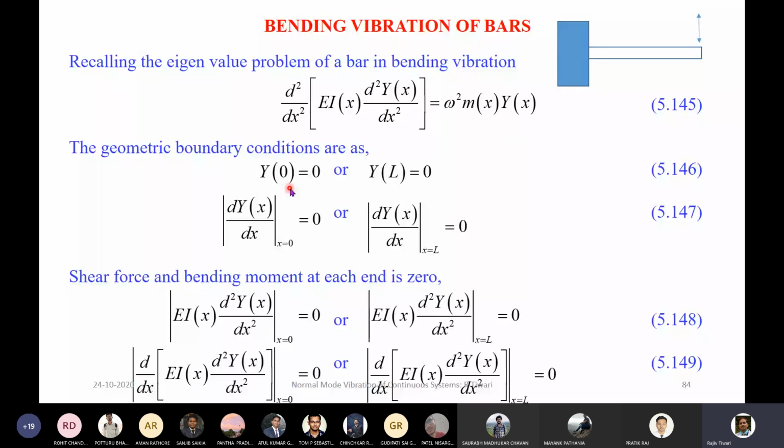For this case, we have displacement 0 at x is equal to 0. So here displacement is 0, and even the slope will be 0 here. So the slope at x is equal to 0 is 0. So at one boundary, at x is equal to 0, we have these two.